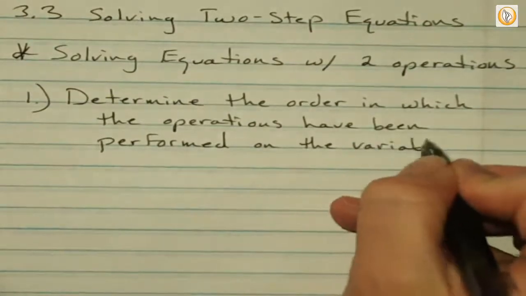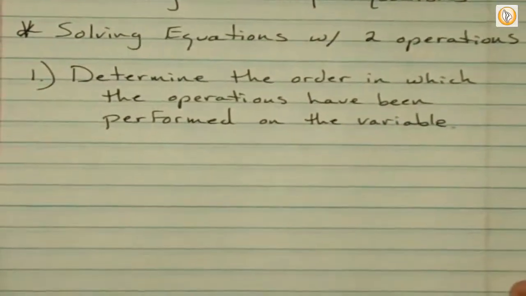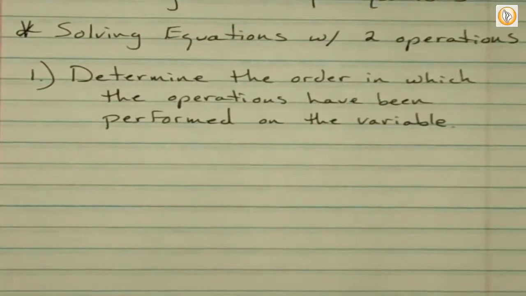I'll let you catch up. Remember, the variable means the letter. So determine the order in which the operations have been performed on the variable. I will show you some examples in a minute.